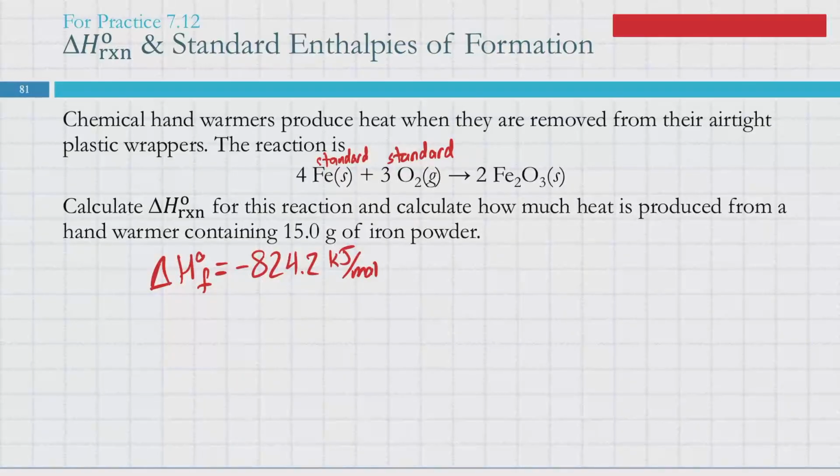It's for 1 mole. So you might look this up and think, oh, this is the value for the reaction, which is not true. This is the value for 1 Fe2O3. We've got a coefficient of 2 in front of ours, so as simple as it looks, we do have to remember to multiply by 2.